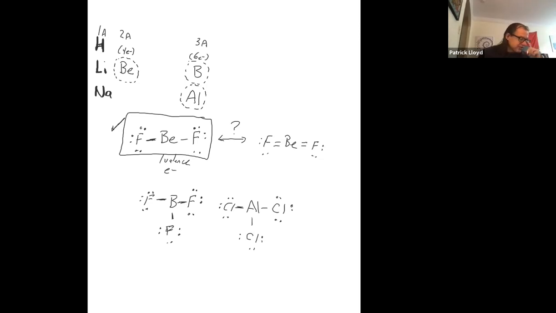Now, keep in mind, some evidence that this leads to interesting chemistry would be that if you take the boron, and I'm going to draw the Lewis structure like this.